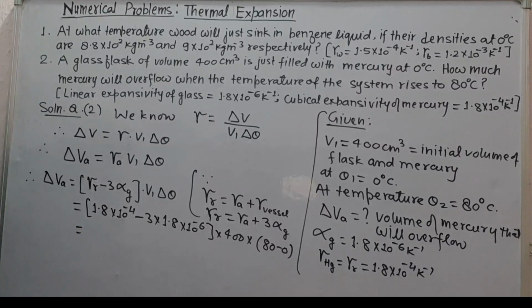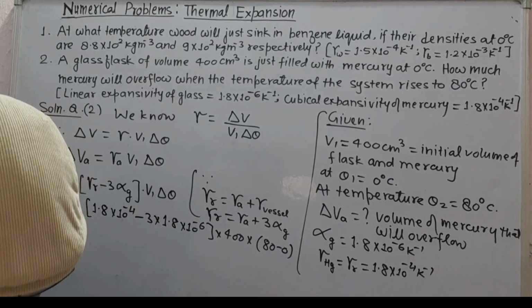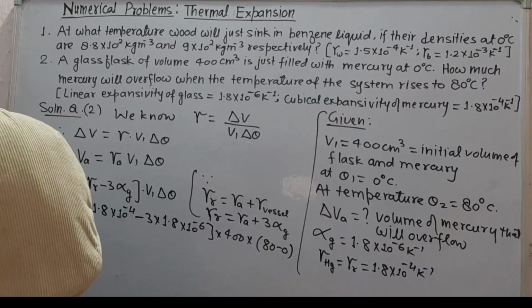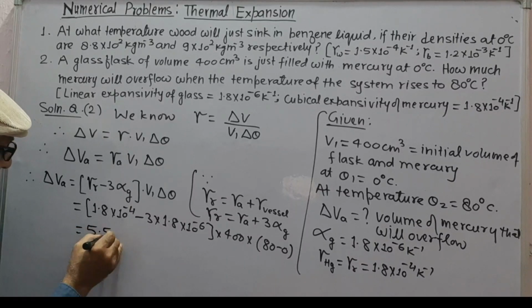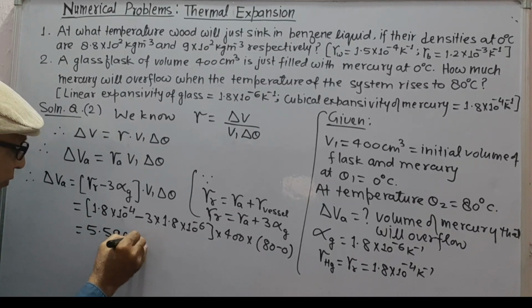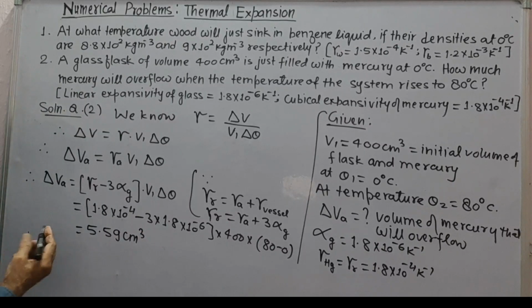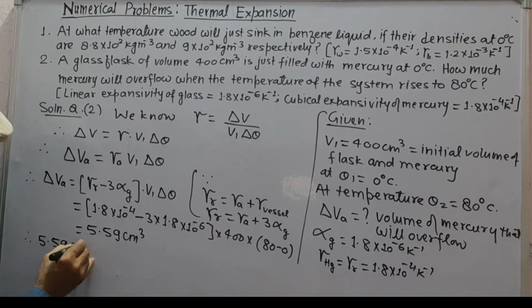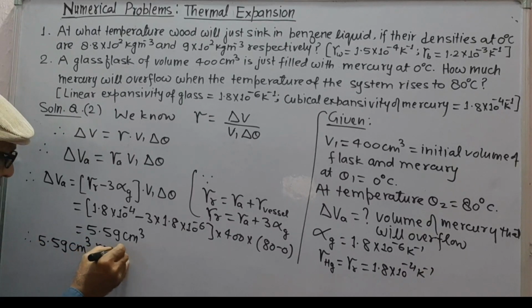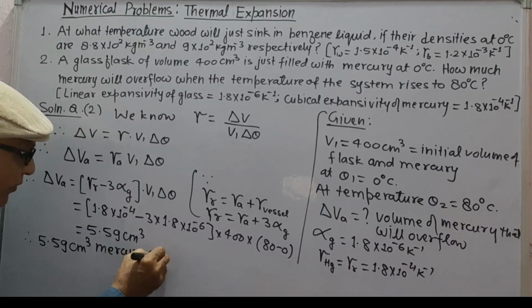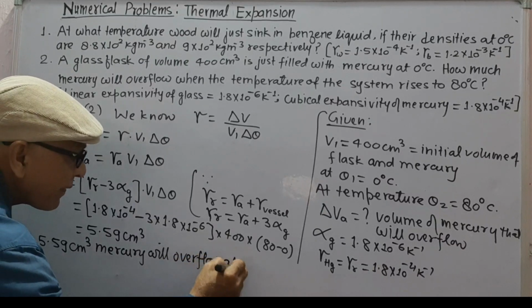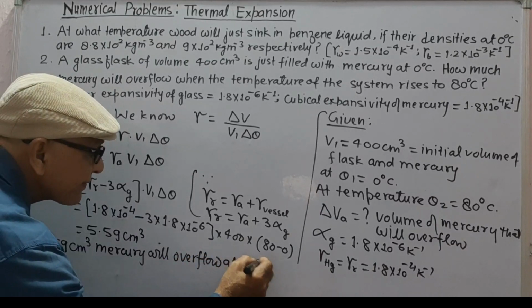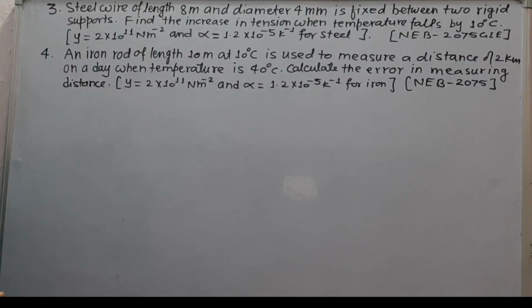On simplification, it gives 5.59 cm cube. Therefore, 5.59 cm cube of mercury will overflow at 80 degree Celsius.